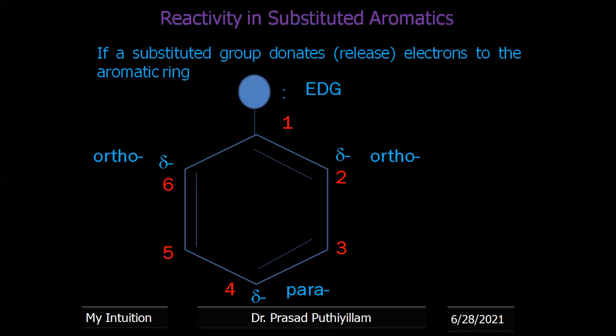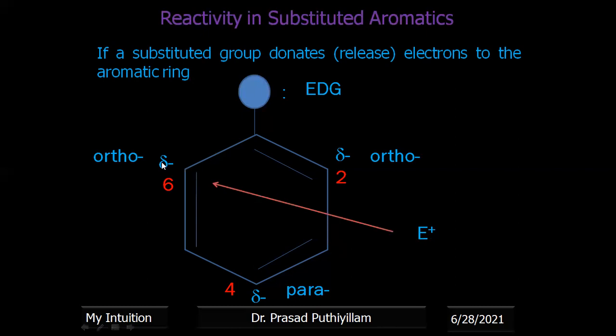In electrophilic substitution reaction, when an electrophile comes, it loves negatively charged centers. It is positive, so only negative charge centers can attract it. Even this representation is wrong; if you show the arrowhead on this side, it will be even better.